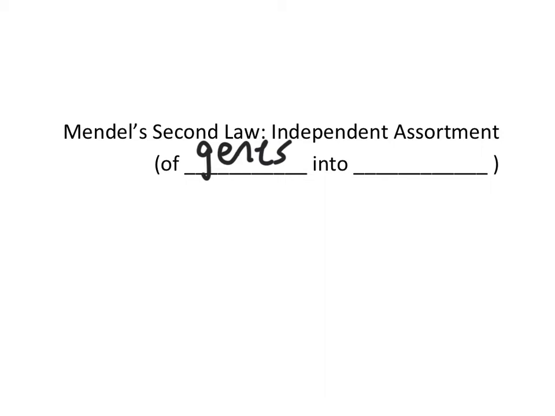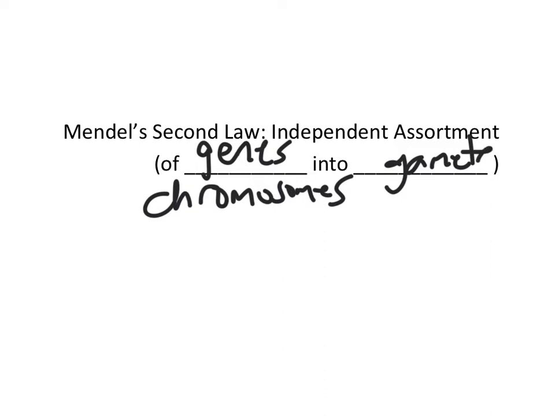But really, when you look at it from a meiosis perspective, it's the independent assortment of chromosomes, once again into gametes. So we have to stop thinking about what happens when one chromosome goes through meiosis. Now we're thinking about what happens when 2 independent sets of chromosomes go through meiosis.